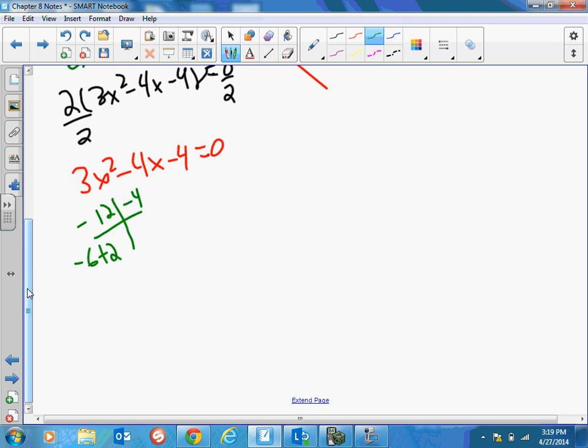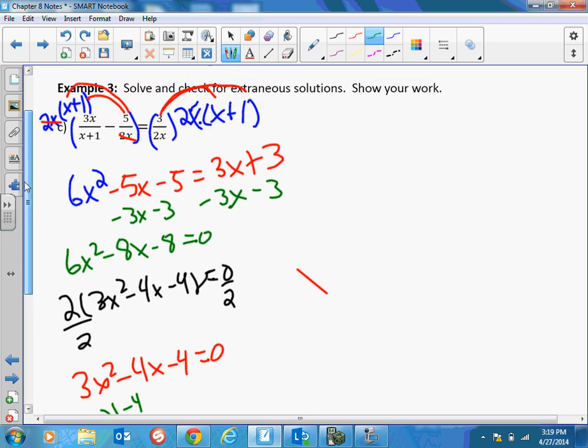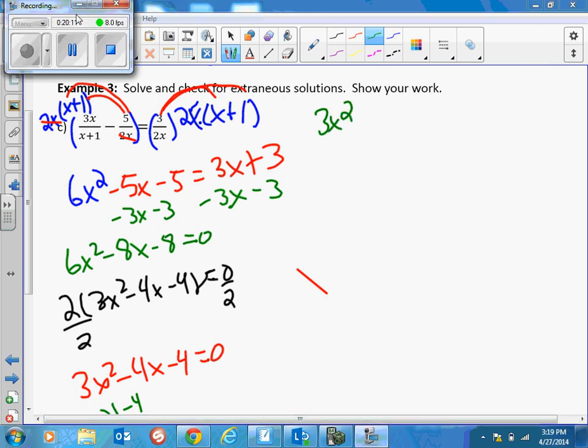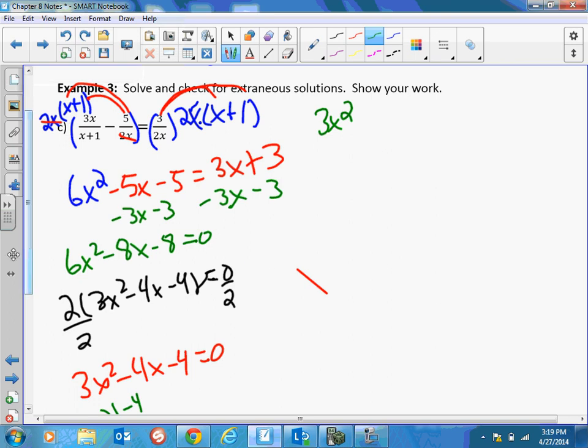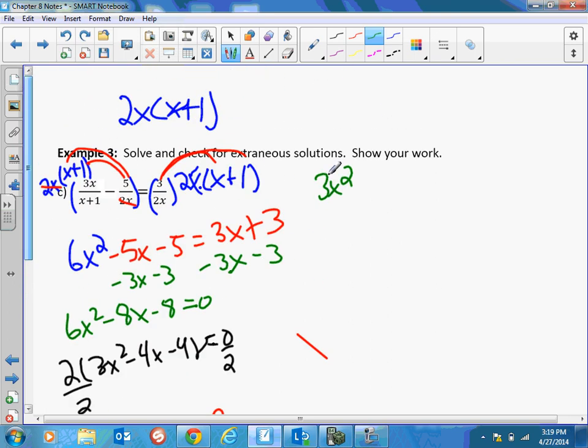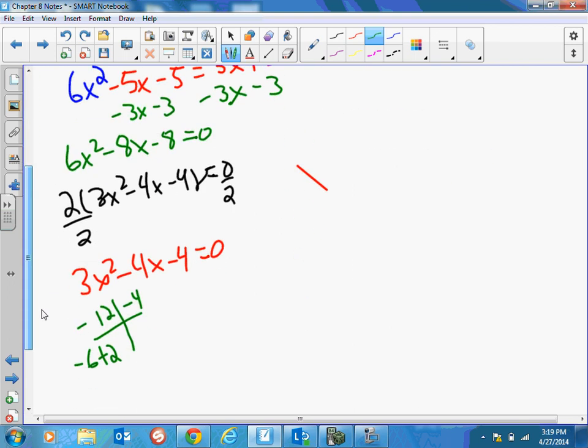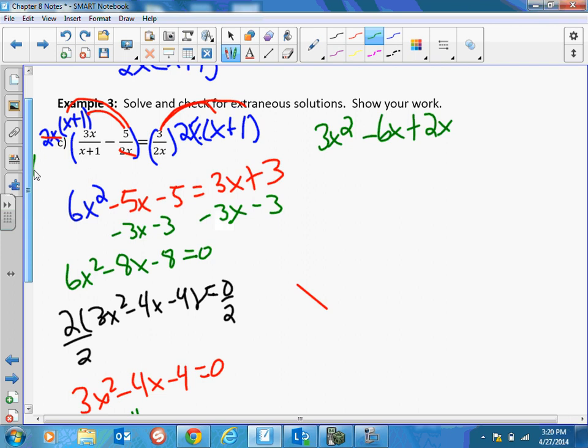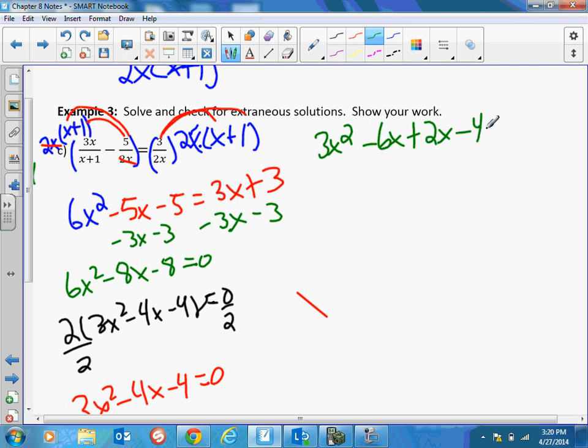So how we have to rewrite that is 3x squared minus 6x plus 2x minus 4 equals 0.